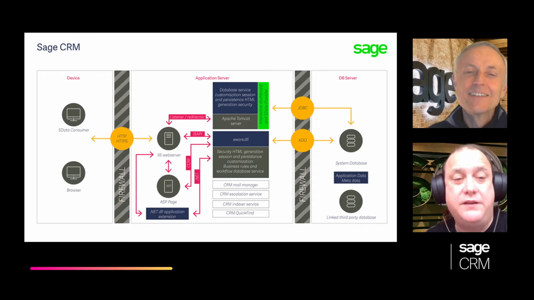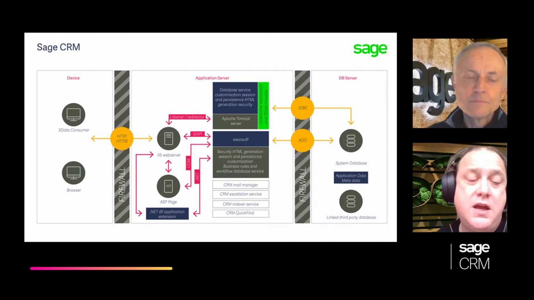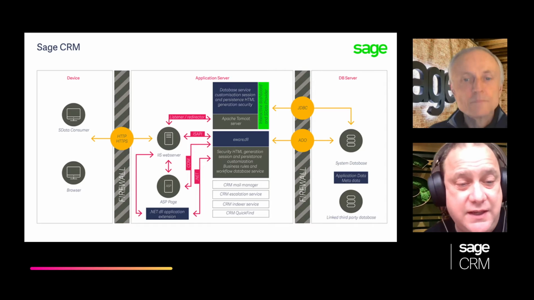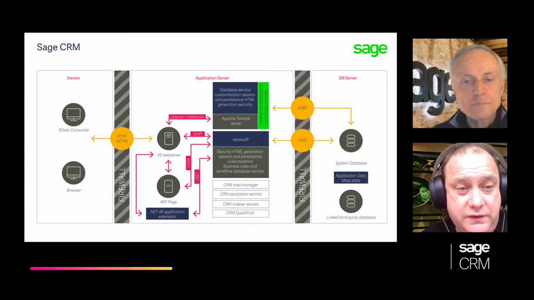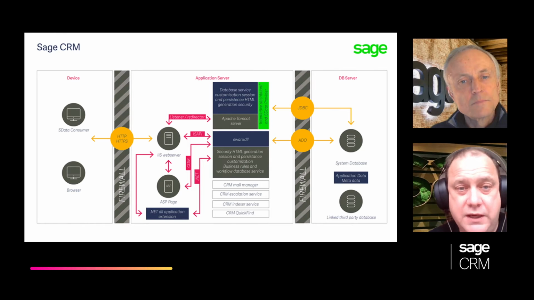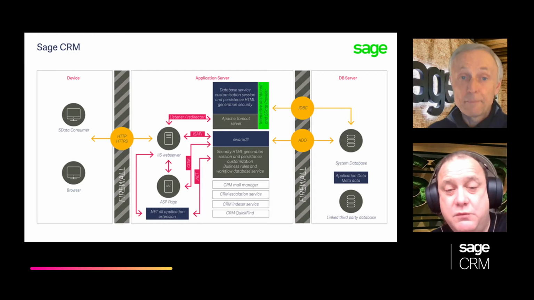They're very useful things. In addition to the core behavior, core DLL, we have the email manager, the escalation service, the indexing and quick find services, and if you're dealing with one of the integrated products, you'll even be working with an integration service as well.